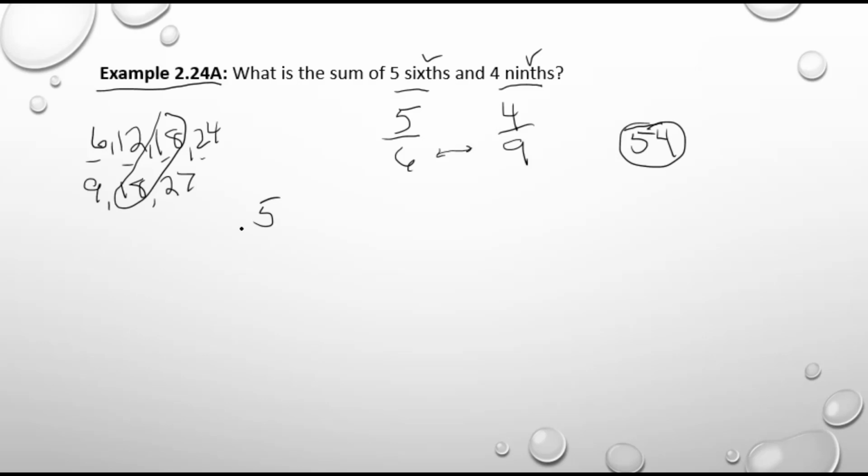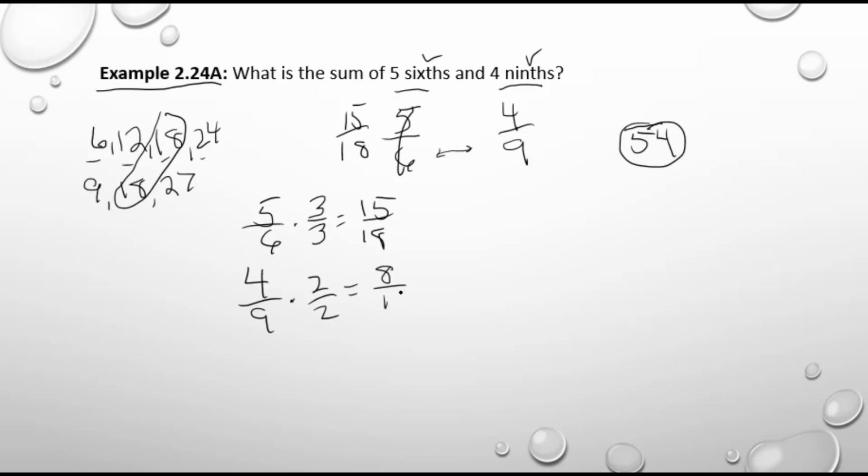So I can go 5/6 times 3 over 3, which is 1, is 15/18. So I can just swap this out for 15/18. And I'm going to change 4/9, multiply it by 2 over 2 into 8/18. So I can swap this out into 8/18.